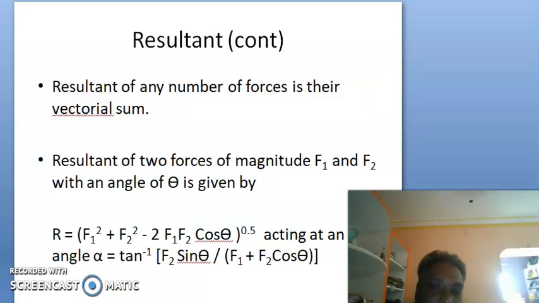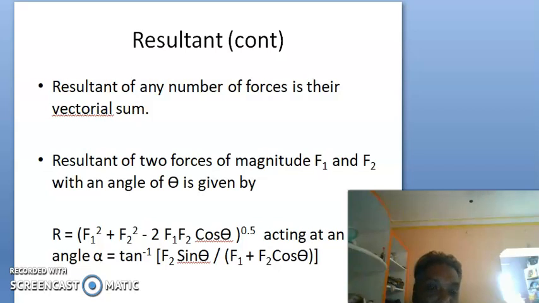The resultant of any number of forces is their vectorial sum, which can be added as shown previously, or by graphical method or any other method suitable for vectors.